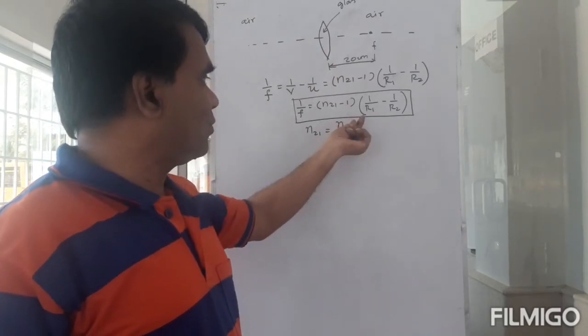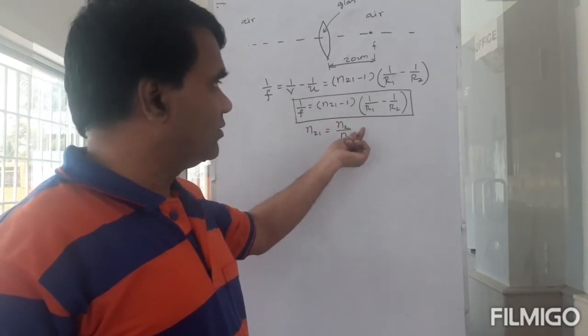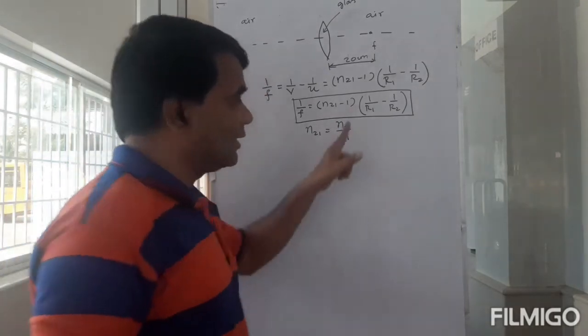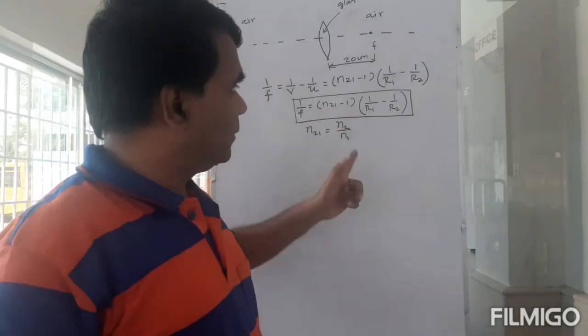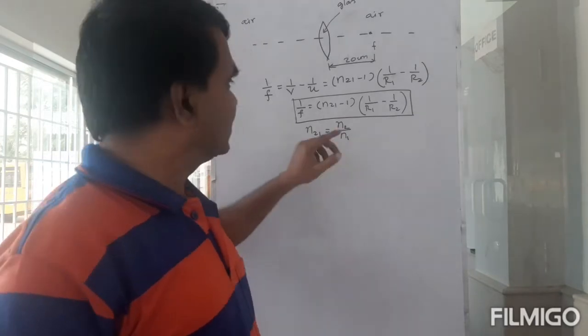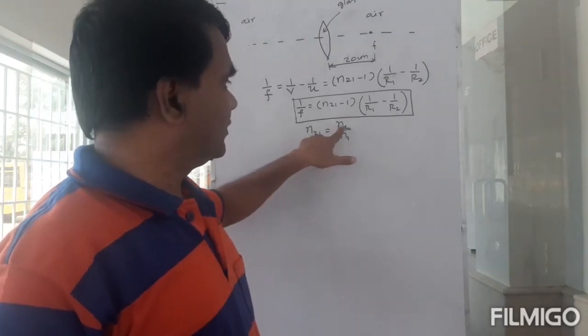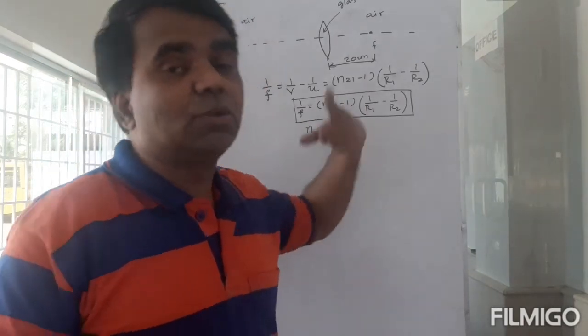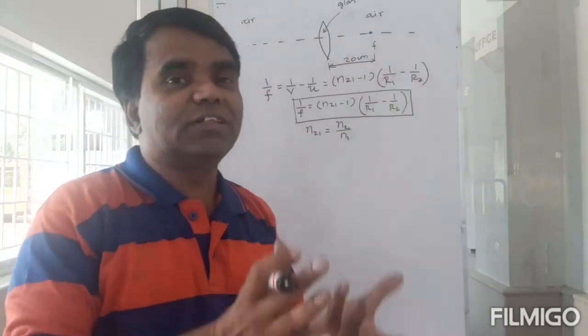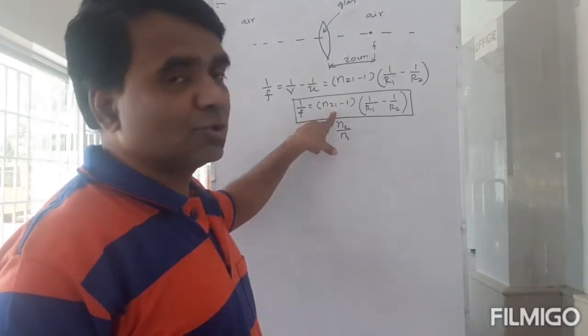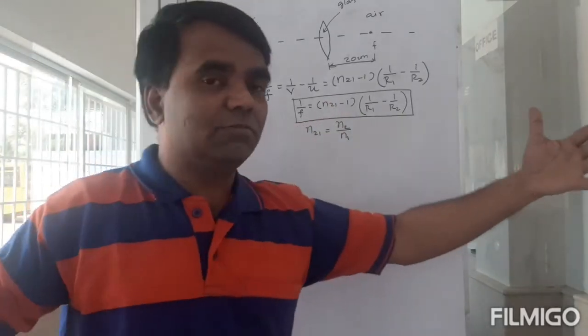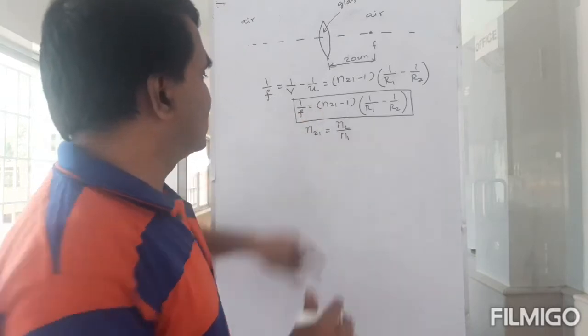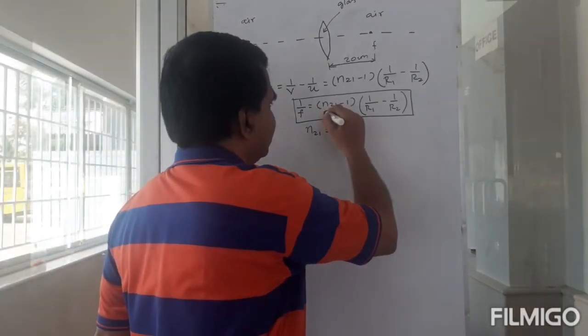So this will remain 1.5 and this will be 1. So in one case I get 1.5. But in the other case, this is the refractive index of glass with respect to vacuum, and this will be the refractive index of water with respect to vacuum. So you have a different number. So N21 will change depending on which medium you keep.